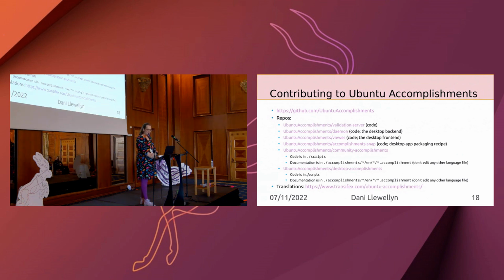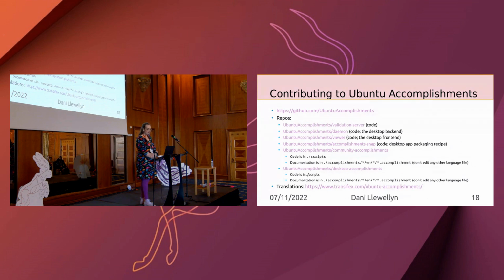Then there's the snapping recipe. That's fairly simple. That just pulls everything together. The meat of the work are the Python scripts in the next two repositories, the community accomplishments and the desktop accomplishments. You don't necessarily need to code for that.